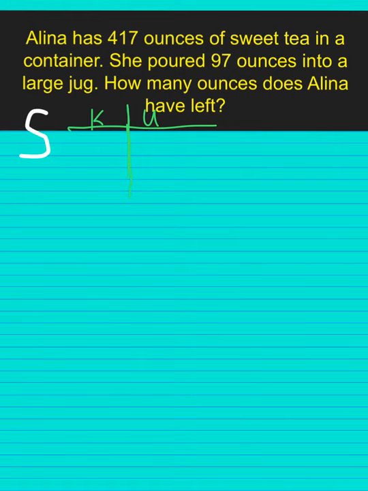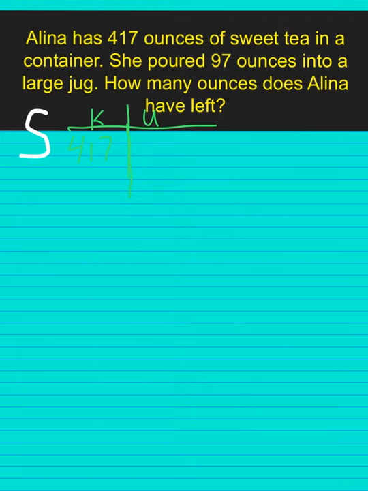It looks like we've got Alina, who has 417 ounces of sweet tea in a container. She poured 97 ounces into a large jug. How many ounces does Alina have left? Alright, so we start with our solve. What do we know? We know that she has 417 ounces.